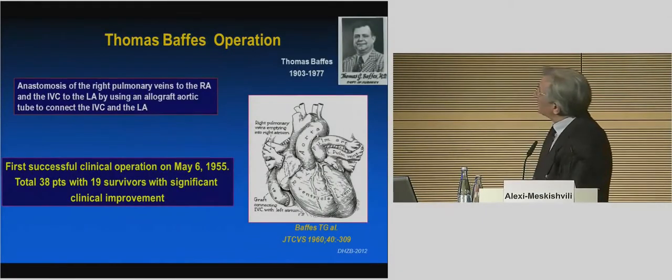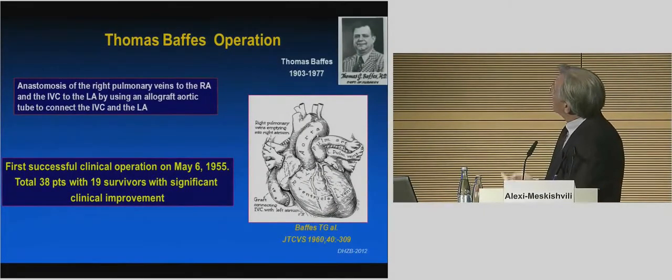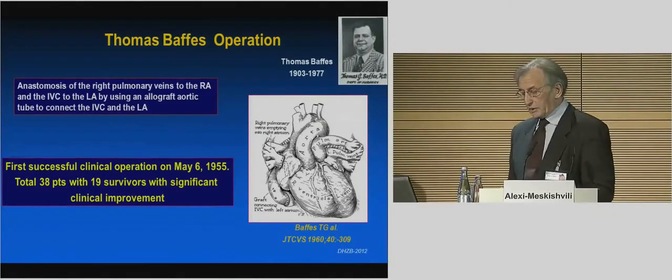The next step was the so-called Baffes operation. Thomas Baffes was a surgeon in the United States who developed the so-called inferior vena cava and pulmonary vein translocation. This means that the right pulmonary vein was connected to the right atrium, and the inferior vena cava was connected by a homograft or some kind of conduit to the left atrium, and this way the oxygenation was improved.